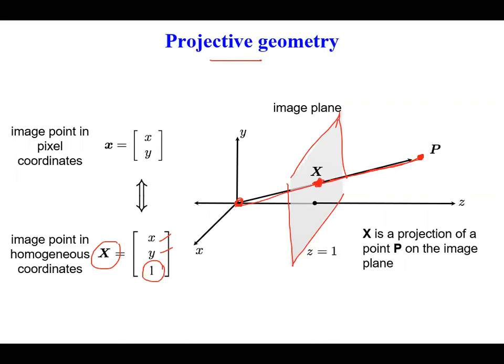The x point is the projection of this P point to the origin, intersecting at that particular location. So for instance, if I were to ask you what the value of this is, or this, and so on and so forth.